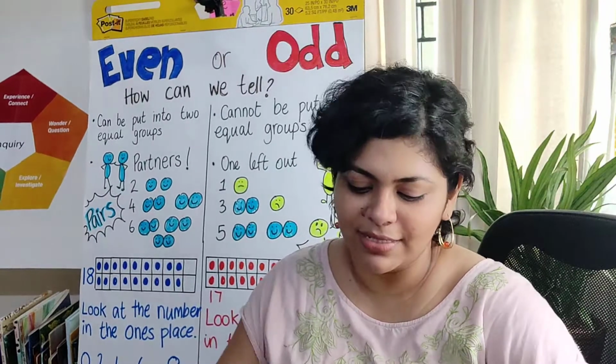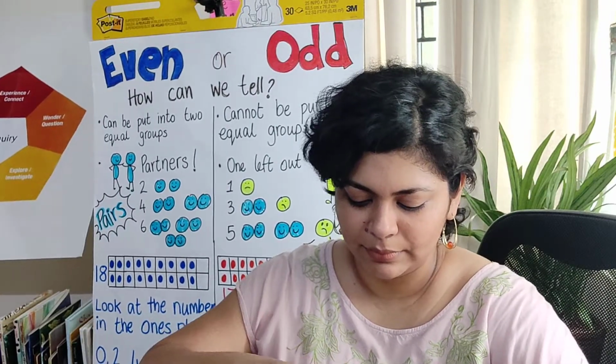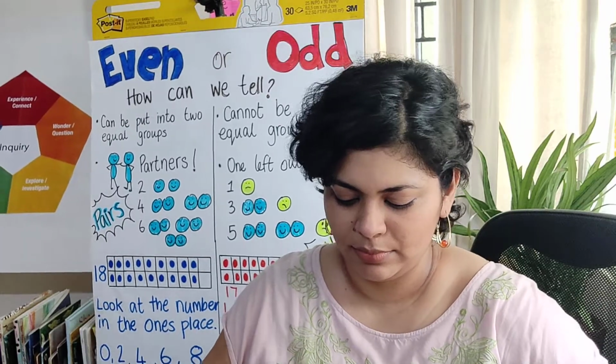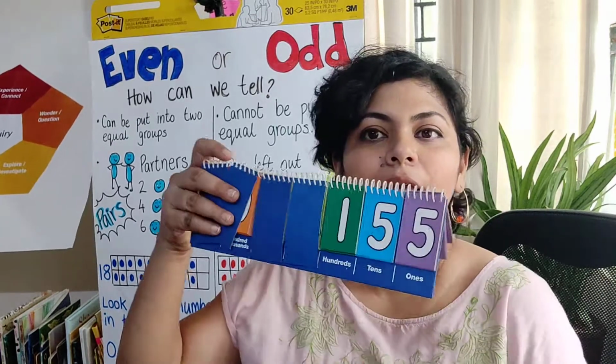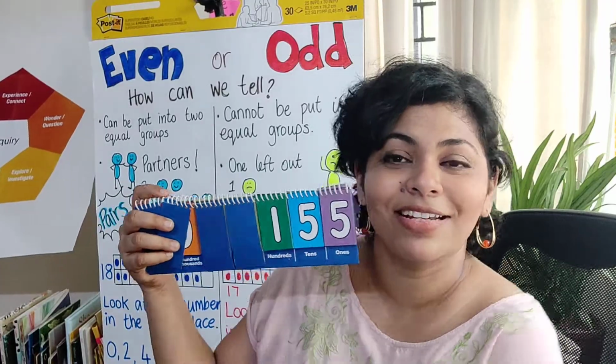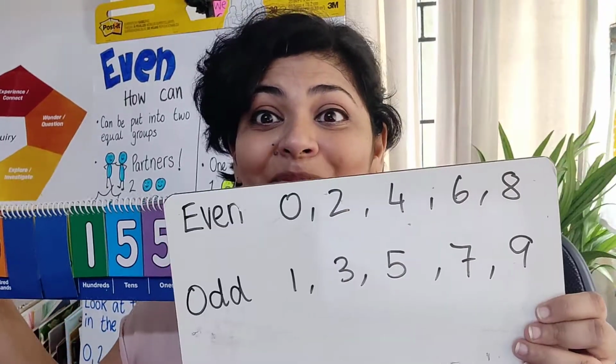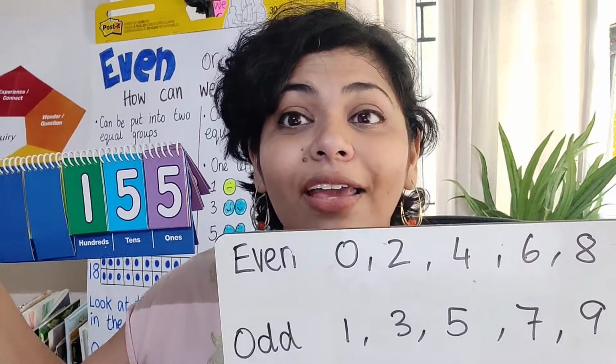Okay, how about this number? 155. Is this an even number or an odd number? It is an odd number because the number in the ones place is 5. Okay, let's try another one.